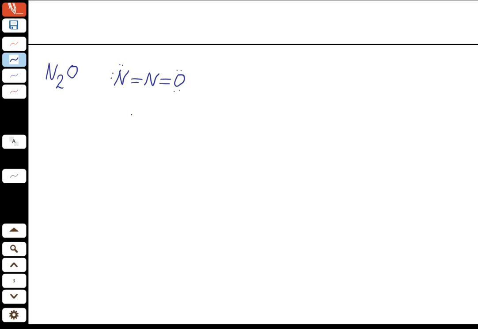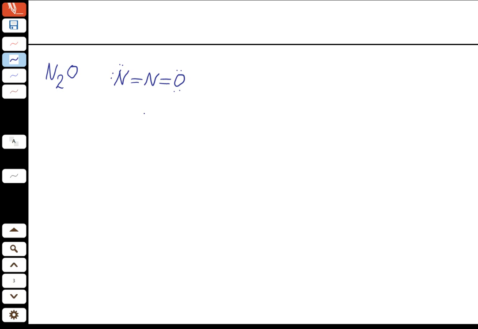Right, like that. This one also has some different resonance forms we could have drawn. Like this, or like this. And beyond those 3 resonance forms, we also could have connected these in a different way.